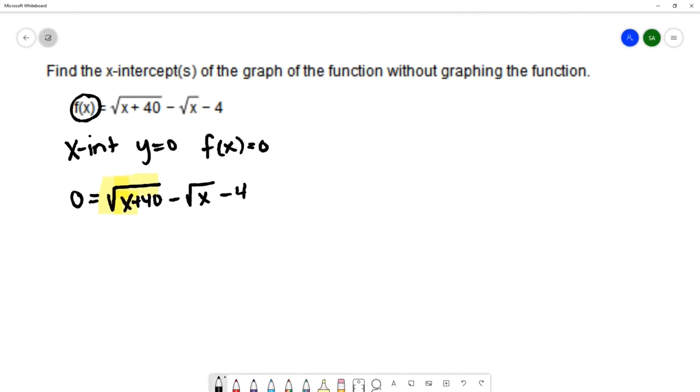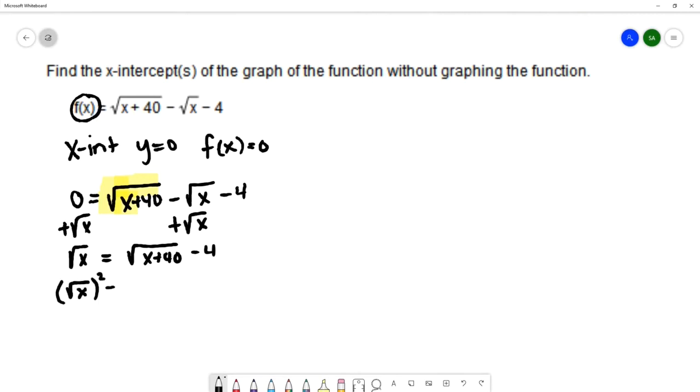So I'm going to start by adding square root x to both sides. That gives square root x equals square root of x plus 40 minus 4. So I have one radical isolated on the left. This radical is a square root, so the way we get rid of a square root is to square both sides.